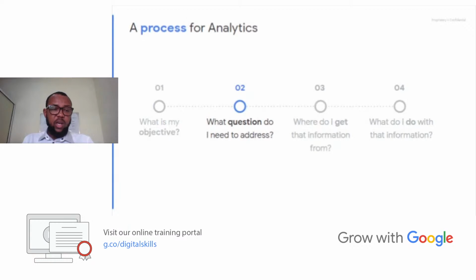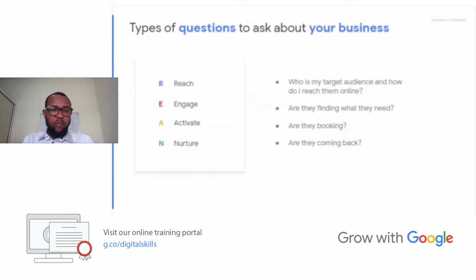We know our objectives, and these are the written down objectives. We want more people to know about our products and services. We want more people to patronize us. We want our existing customers to come back and patronize us again. Now that we've got these objectives, what questions do we need to address?